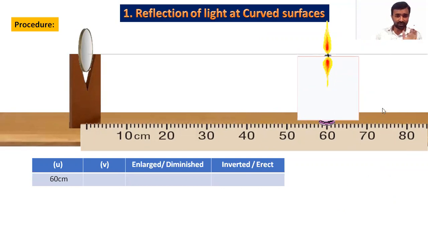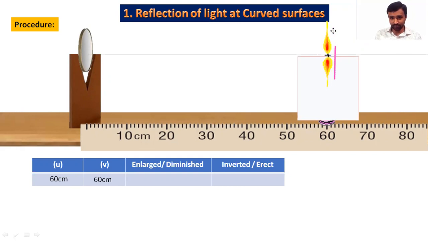So what is the image distance? It is 60 centimeters. Is it an enlarged image or a diminished image? How are you observing the size? I will measure the size once. Look here, using a line. I am taking the object size above, so that I can move it below.